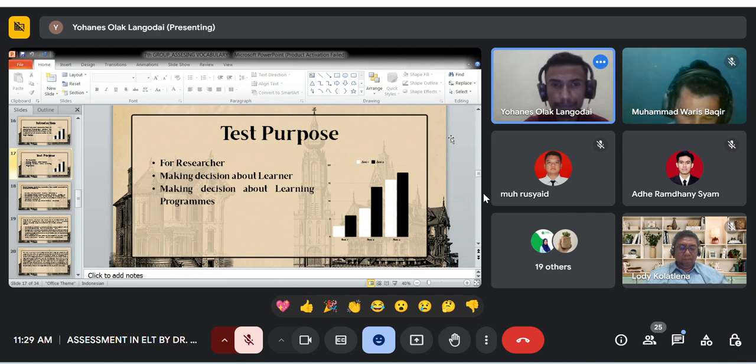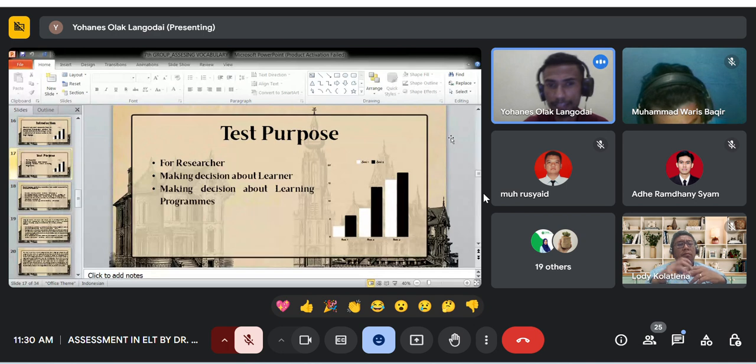And the second, making decisions about learners. In a placement test, before we provide the class, we have to test the learners' vocabulary, and we will know their basic vocabulary, and we can choose which vocabulary book is suitable to teach them, and which vocabulary class is suitable for the learner.